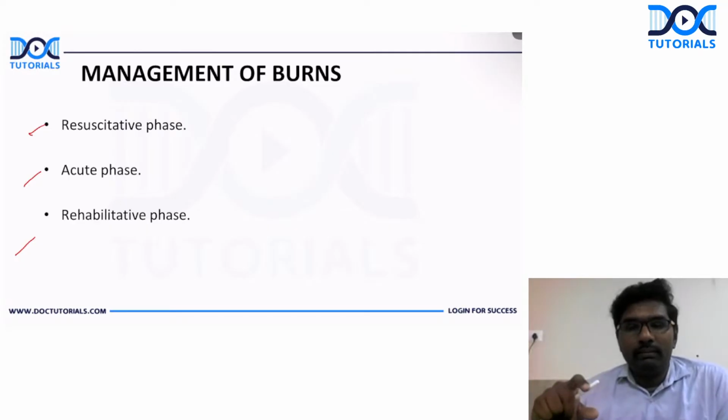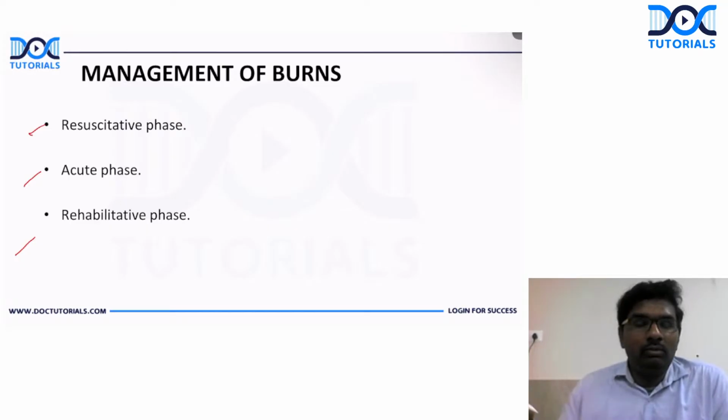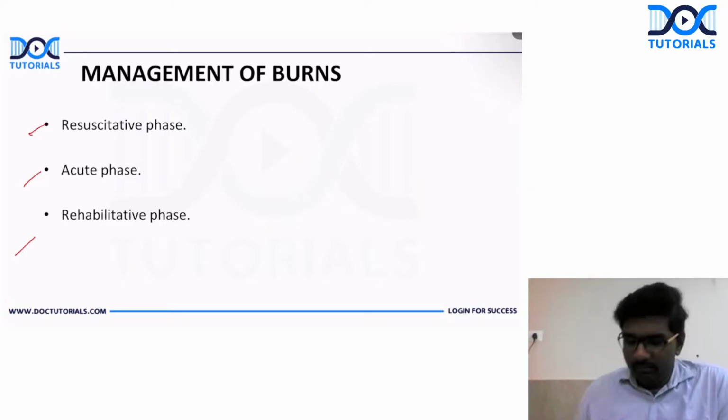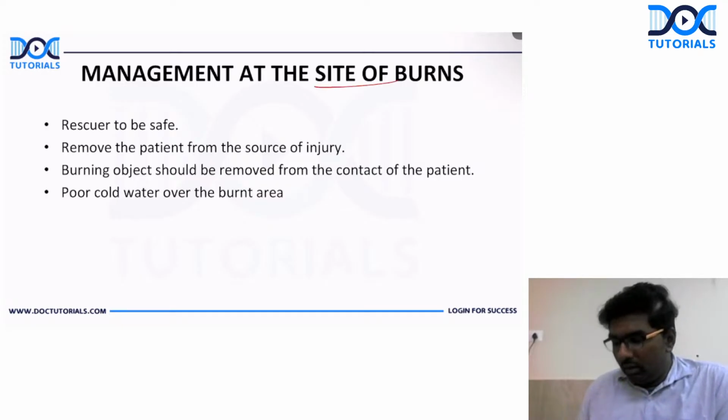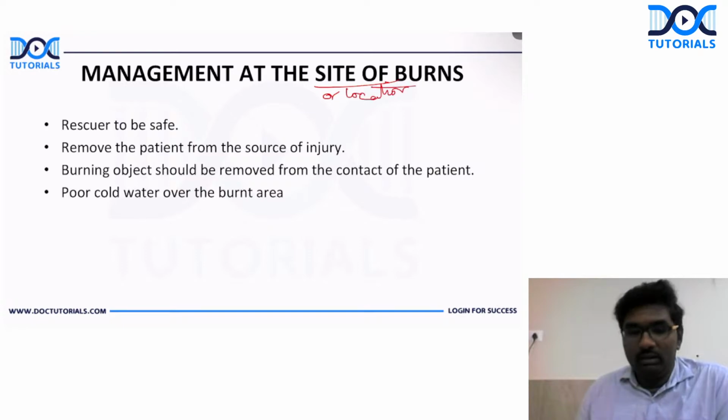An acute phase should be done in the hospital setup, and the rehabilitative phase should be done in the home setup. Okay. So coming to the management of burns, resuscitative phase, there is management of burns at the site or location where the burns accident happens.